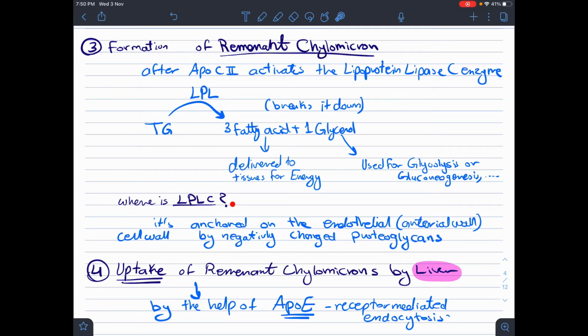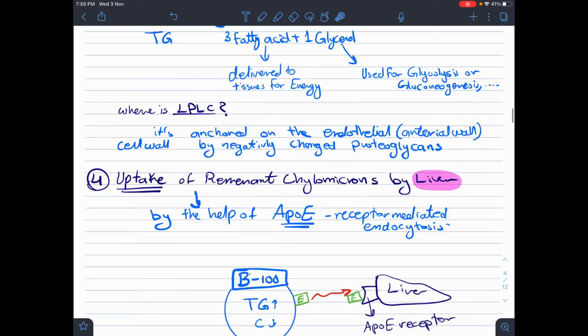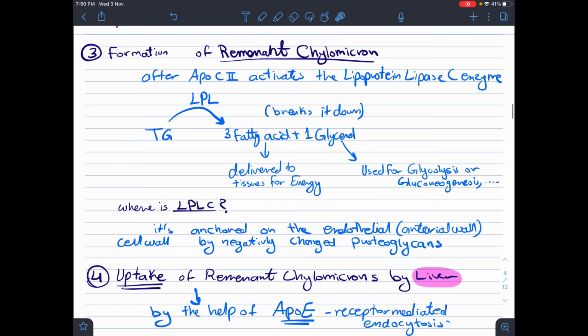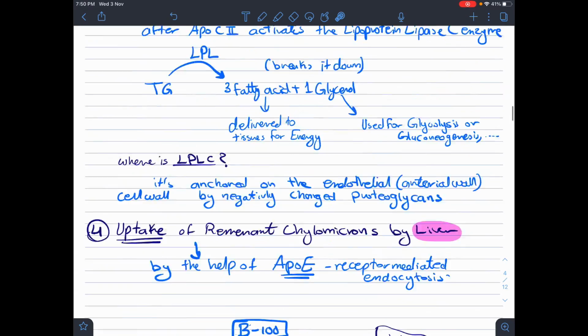It's always sitting there, so when the chylomicron is walking around with its ApoC2, it finds the LPL, and the C2 is going to activate it and metabolize the triacylglyceride. So the remnant chylomicron is formed after the LPL metabolizes the triacylglyceride.